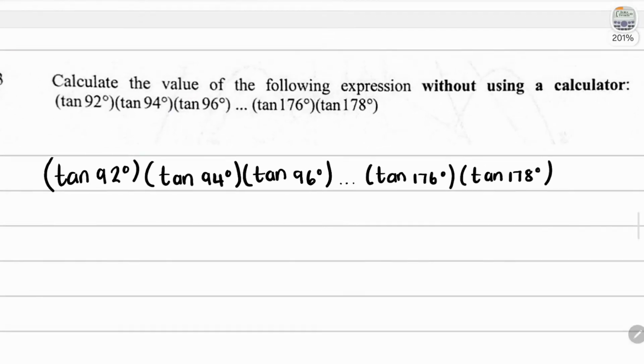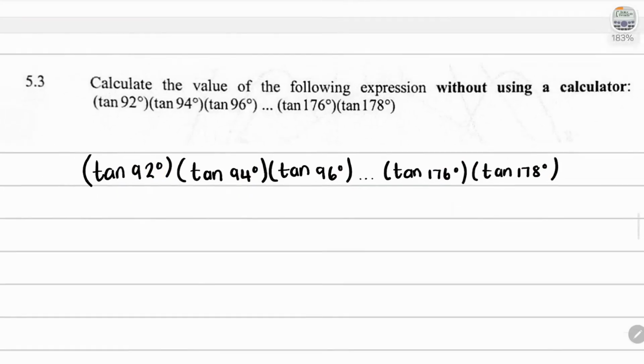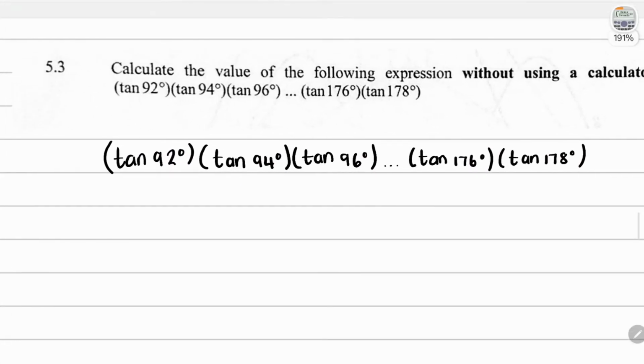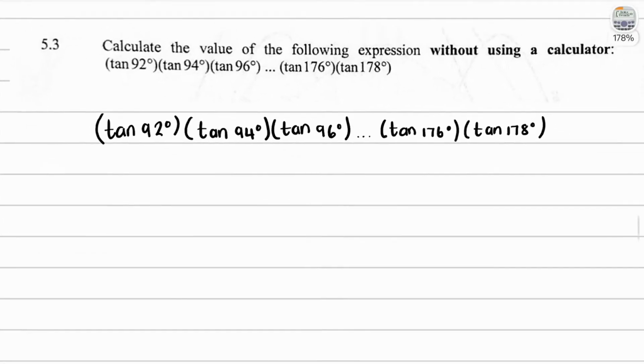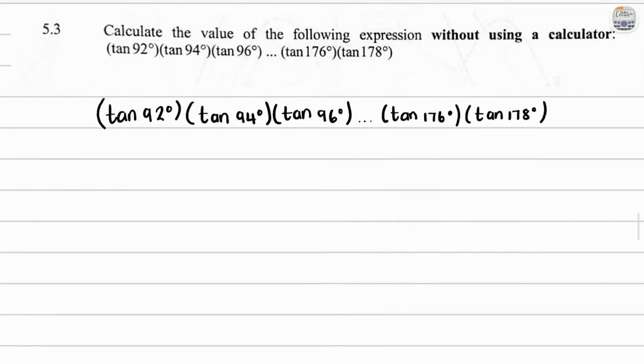Now, notice the way these numbers look. They're just moving in twos. So 92, 94, 96, all the way to 176 and then 178. Okay, since it's tan and it's not really like sine or cos, the only thing we can do now is to reduce these angles. And it's better to reduce them just so that we can see what they are.